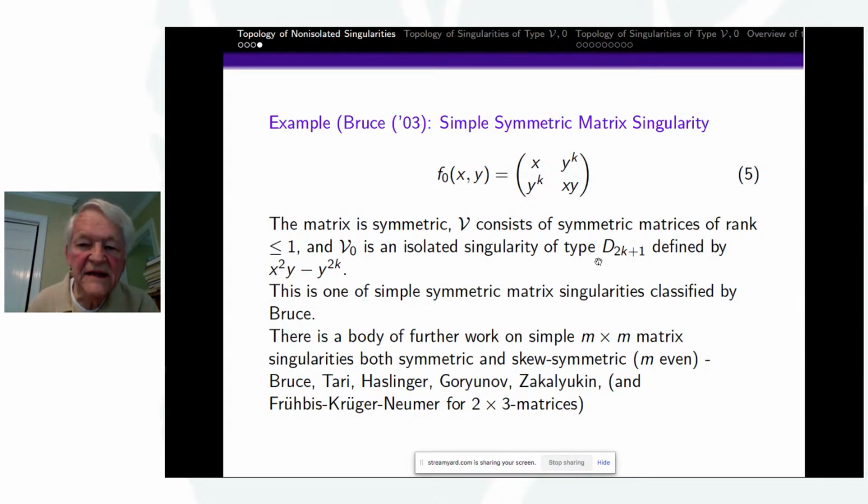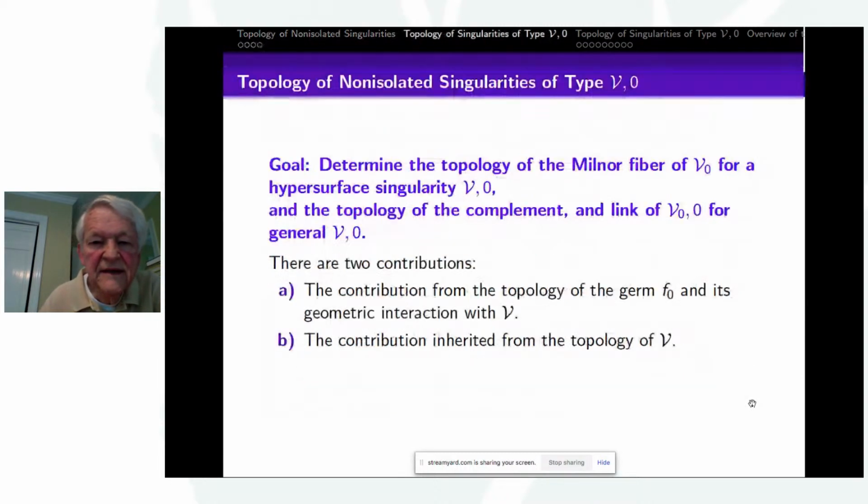In fact, he discovered that basically every simple hypersurface singularity can arise this way, except for E8. There's been further classification of different types of symmetric, skew symmetric matrices and so on, just to give you an idea that there's a relatively rich body of material in this.